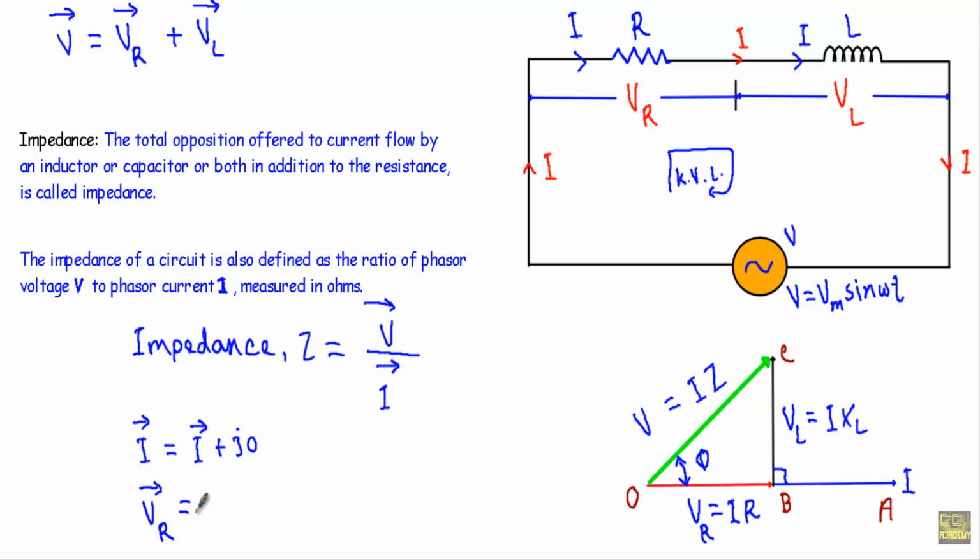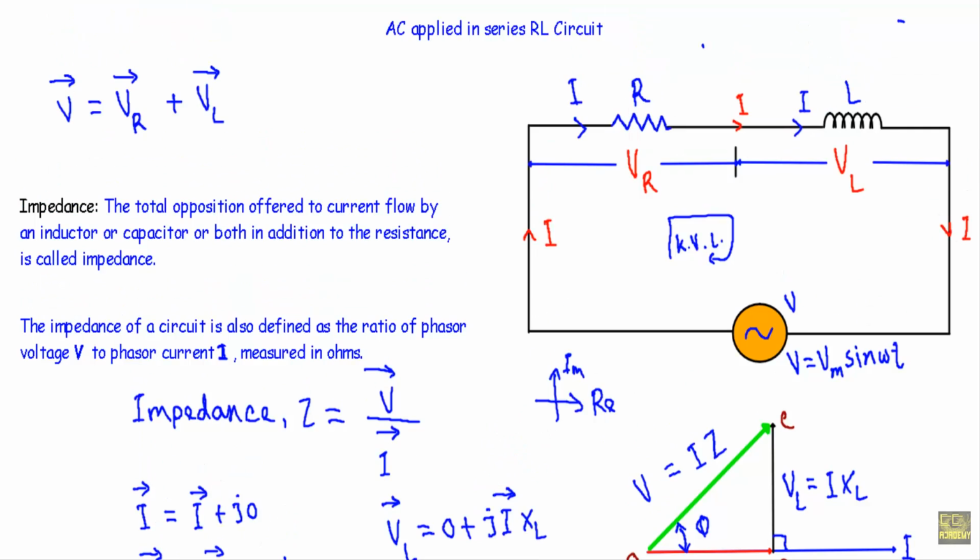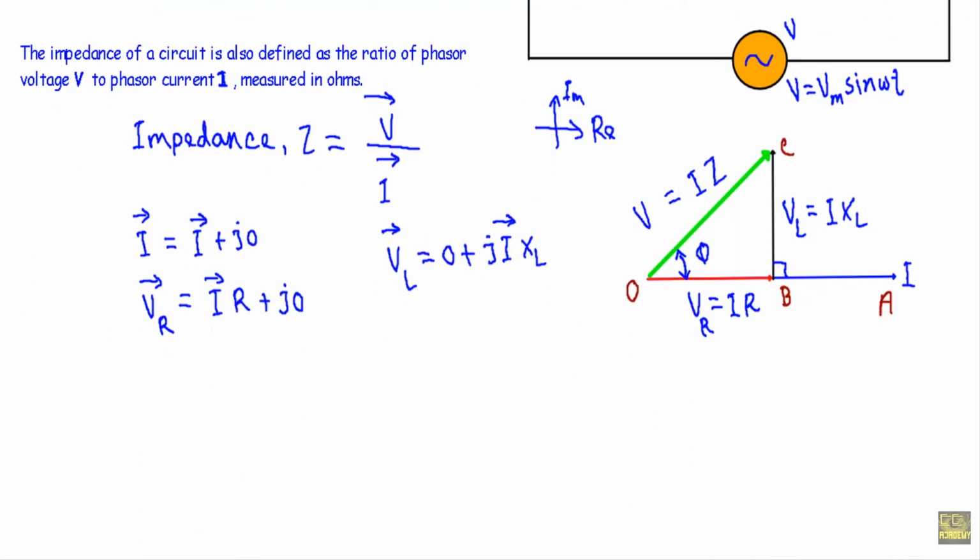VR phasor will be equal to phasor current I into R, with no imaginary component. Now look at VL. If we draw the real and imaginary axes, you will see our VL is going along the imaginary axis. Therefore, this VL will not have any real part, it will have an imaginary part: j times current phasor I into XL. Now if we apply KVL in the circuit, we get V equal to VR plus VL.